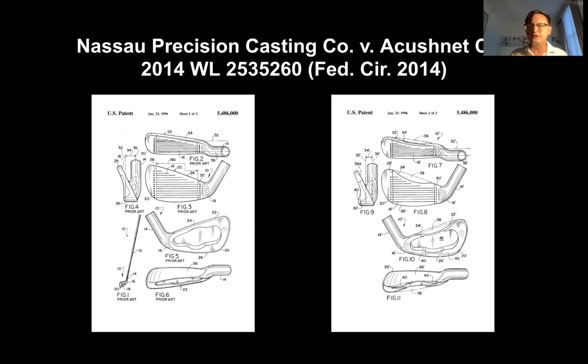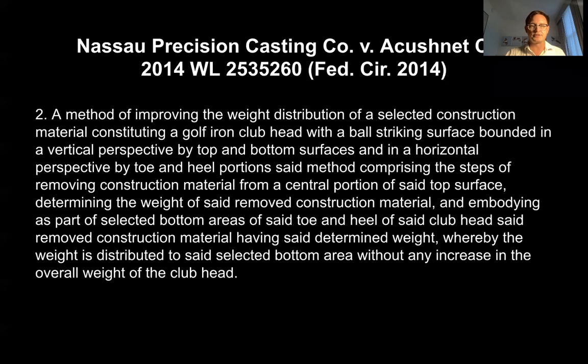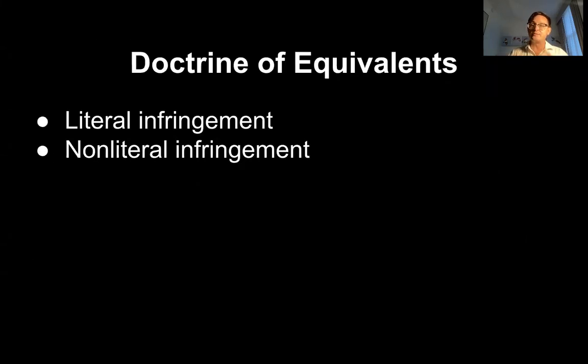Okay, so that's an illustration of how the infringement analysis works. In addition, there's an important doctrine that comes into play when we don't have literal infringement, right? Literally the entire patent claim reading in all of its limitations onto the accused product, but a circumstance where it's what's known as non-literal infringement, in which the claims more or less read onto the product, and in some sort of fundamental way, the differences are immaterial between the two.